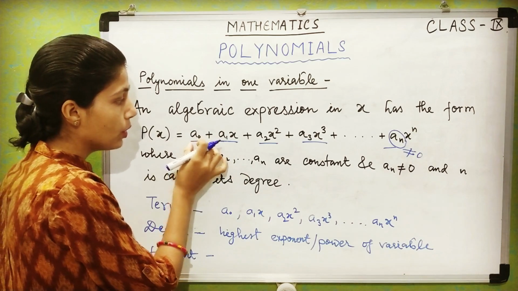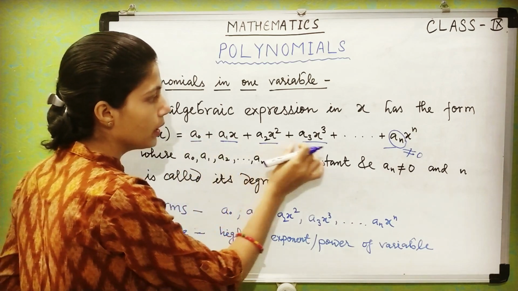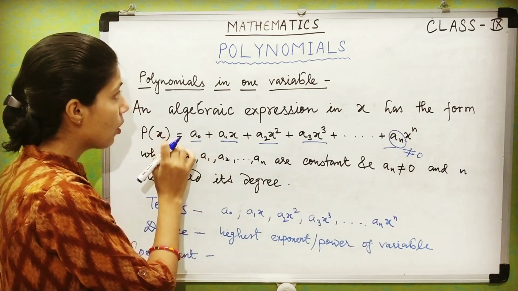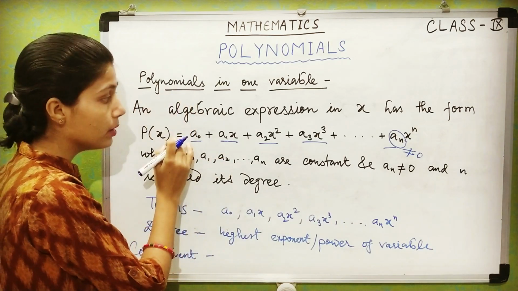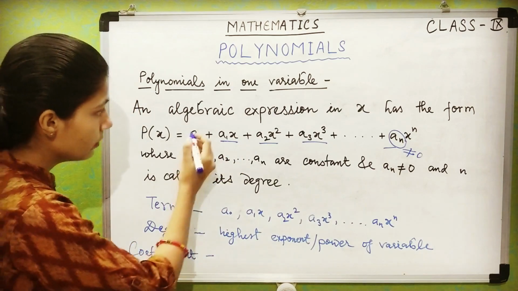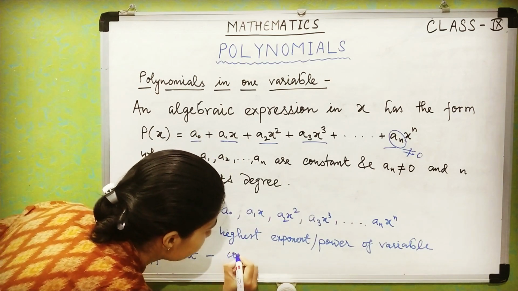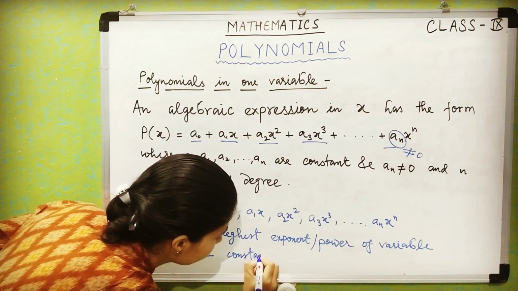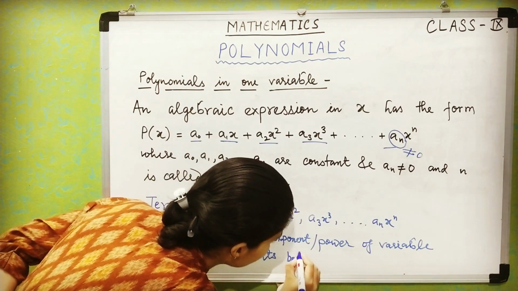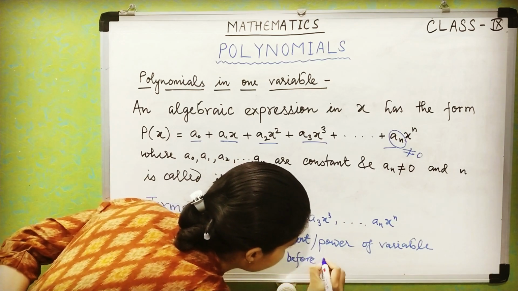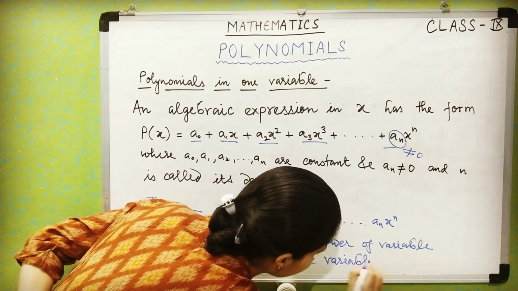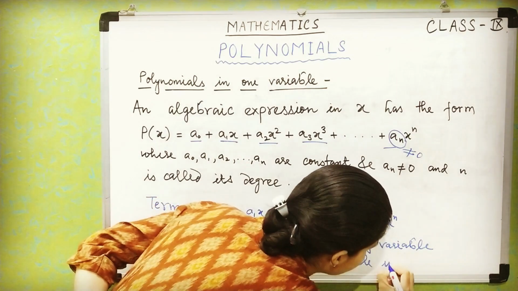So a0, a1, a2, a3, these all are constants, but in the definition of polynomial, you will call them coefficients. Okay, so constants before the variable in each term.